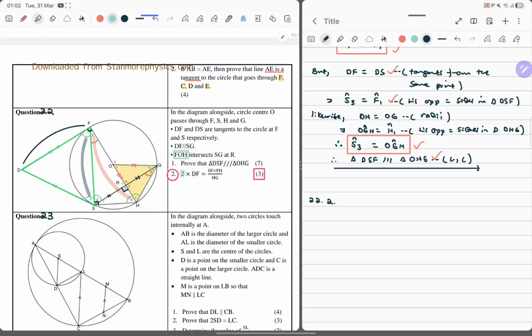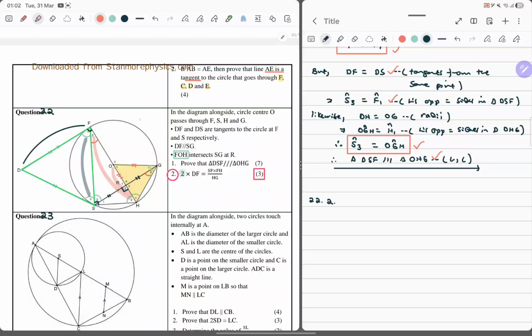FH is actually twice OH, OH being part of this lovely triangle. So you see, most guys are going to look at that side too. And then let's see, HG.